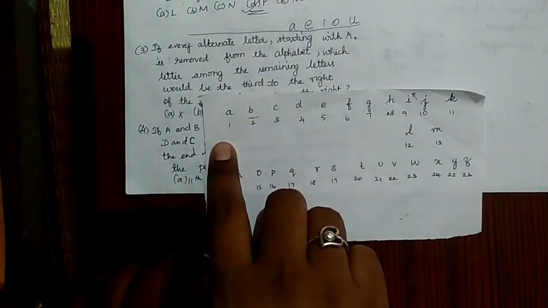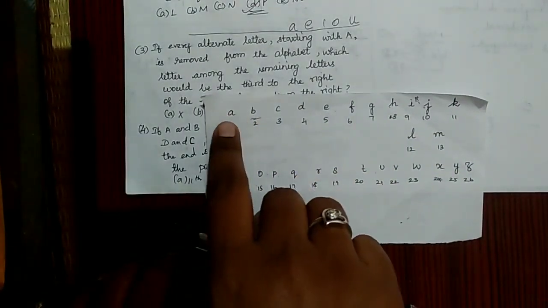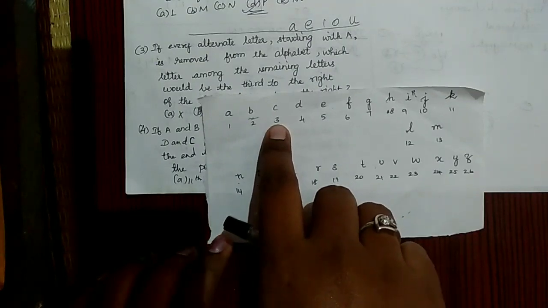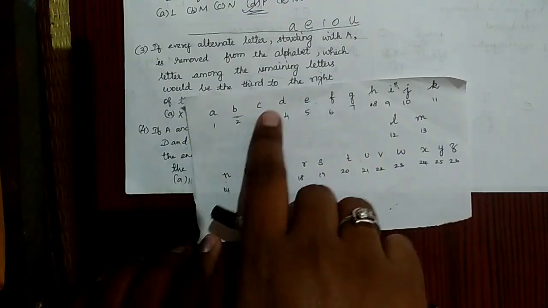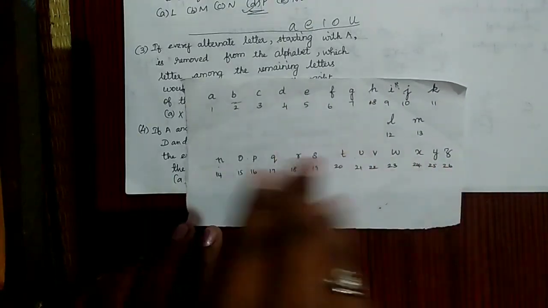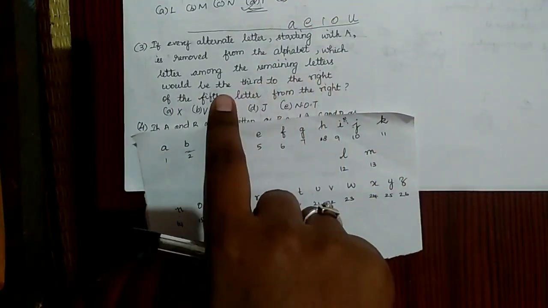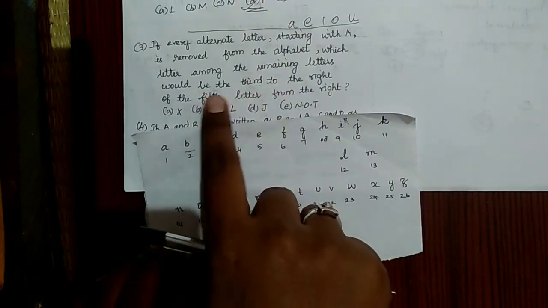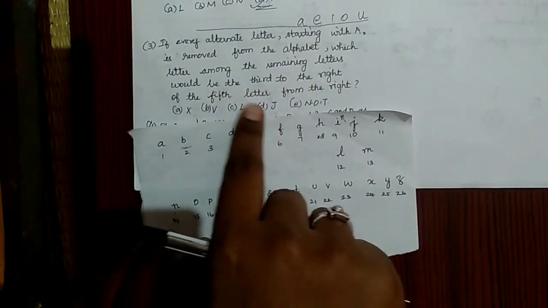So let's consider A as an odd number, okay? Every alternate letter of A, like A, C, E, G, I, are removed. Which would be the third to the right of the 5th letter from your right?